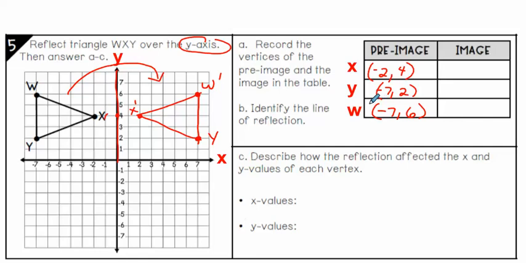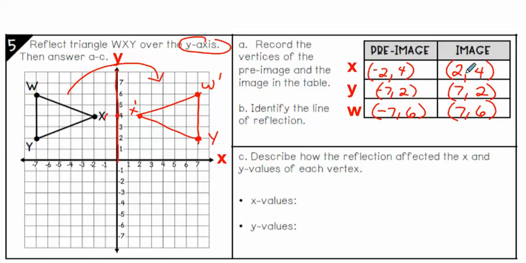Now I'm going to do, what are the points of these? My x value is going to be 2, 4. My y value is going to be 7, 2. My w is going to be 7, 6. Okay, let's again look at our values from the pre-image to the reflected one.